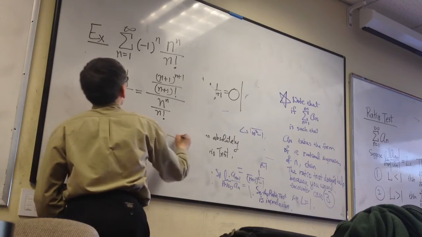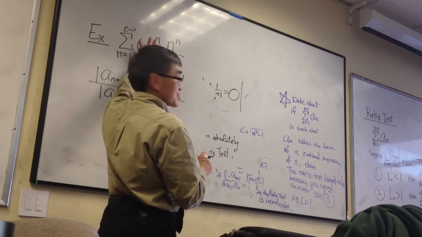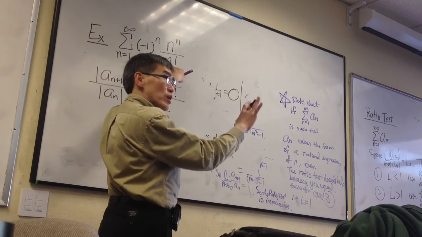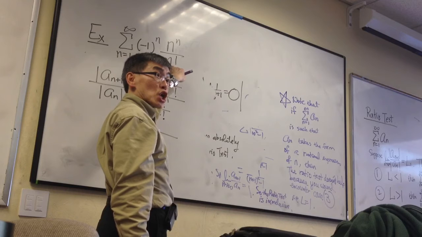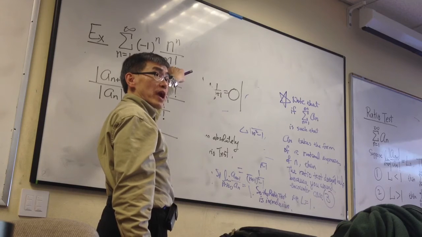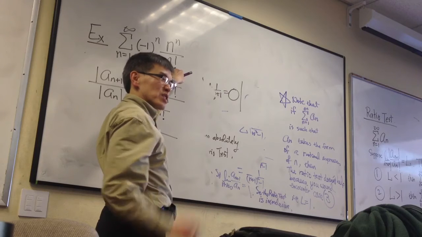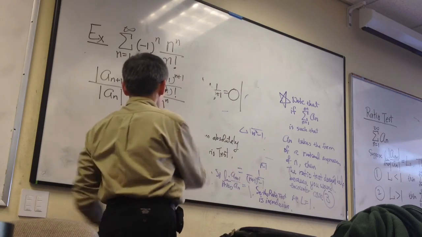Look at this. Imagine that you go from this one, forget about the sign because you're going to take the absolute value, right? From this one to the next one, what happens to the denominator? Is it a bit bigger? It goes from n factorial to what? n plus 1 factorial, which has an extra factor, which is what? n plus 1.